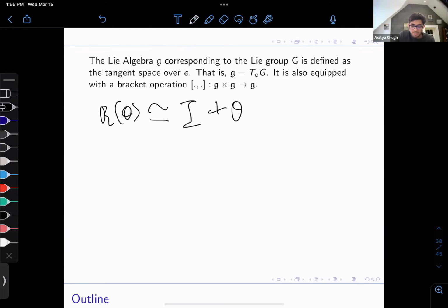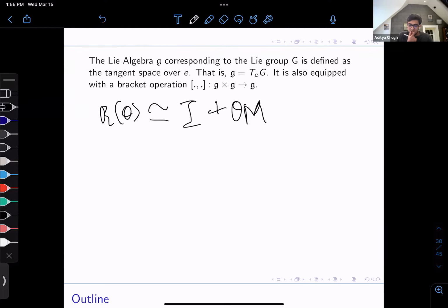But if I parameterize my rotation matrix for a very small angle, where M is just any matrix, by just a linear order in theta, then when theta is very small, if the entries of my matrix depend on theta squared or higher order terms, you would just ignore that because they would be even smaller. So you could maybe argue that an infinitesimal rotation matrix should look something like this.